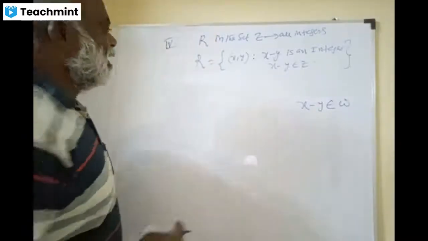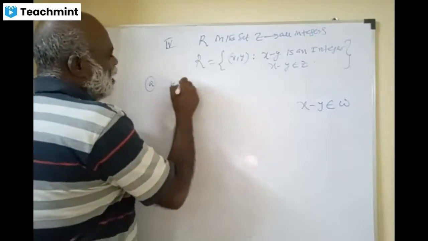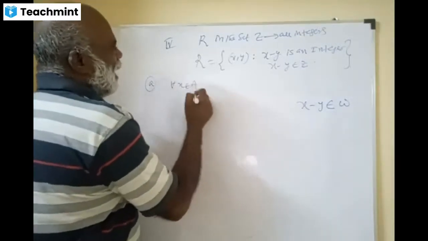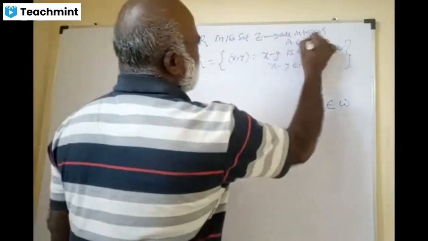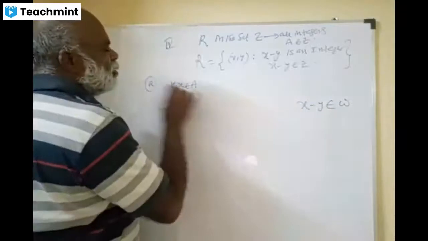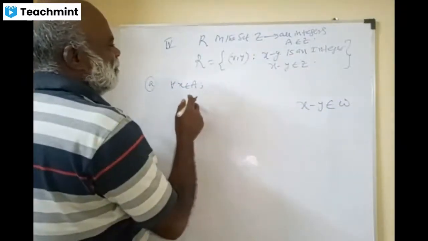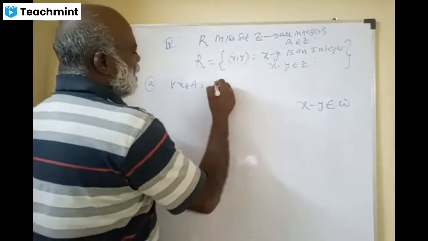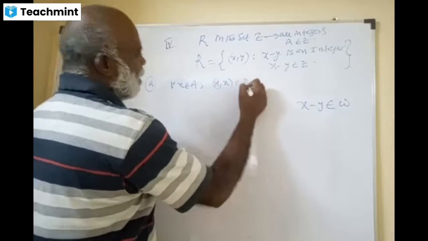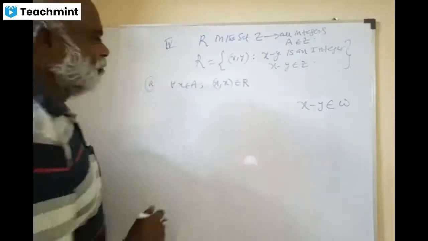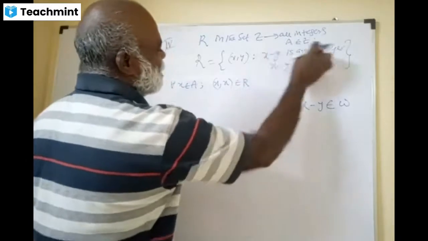So friends, here, as per reflexive, for every X belongs to A, what does that mean here? A belongs to Z. X belongs to A. Set A. And X comma X belongs to R. Now tell me, the rule says that first element minus second element must be an integer.